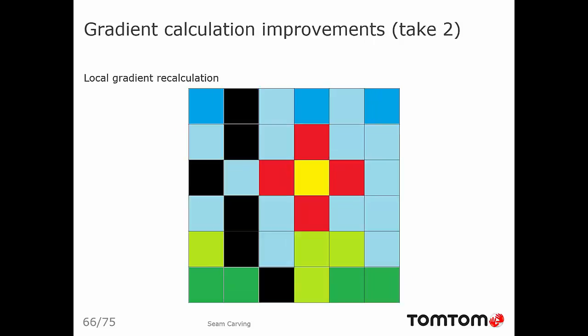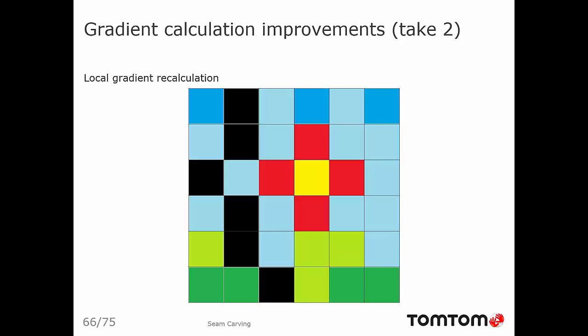So, the last take on the gradient calculation improvements, which was still slow even using multi-threading, was that when we do seam carving and the image gets one row smaller, we really don't have to recalculate the gradient in those places, because the neighbors of those pixels don't change, so the gradient also won't change.